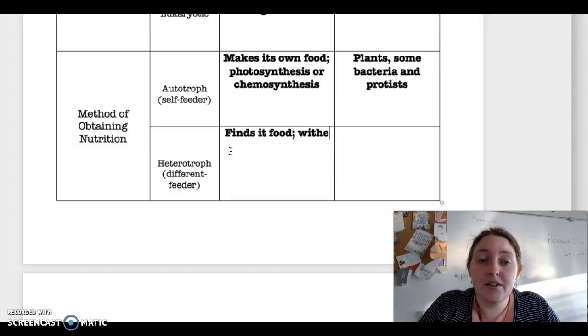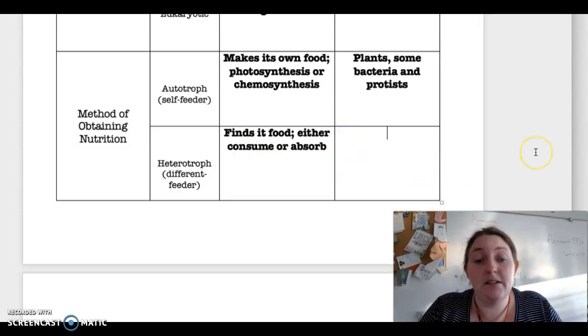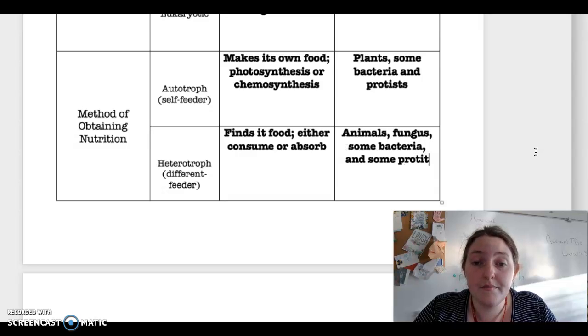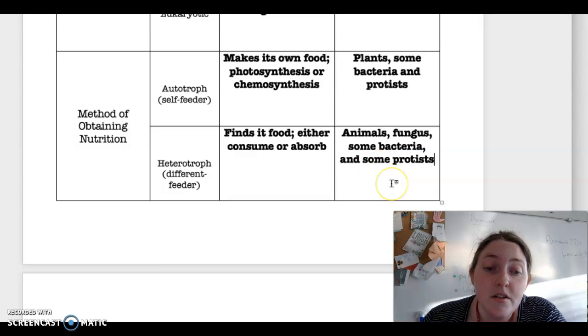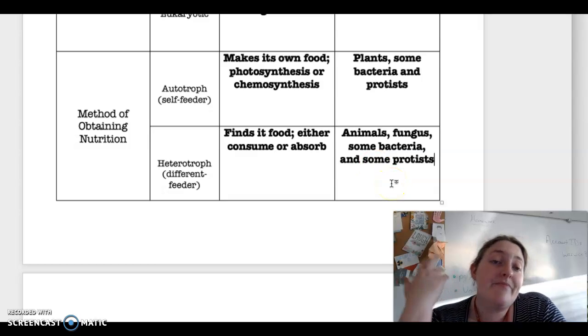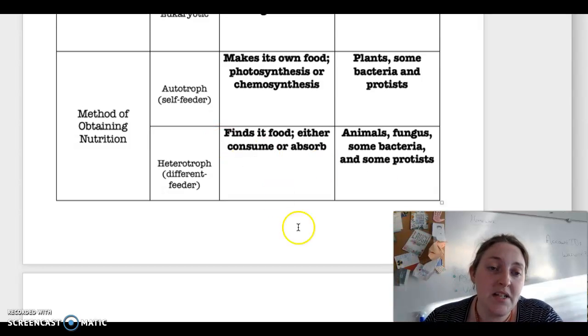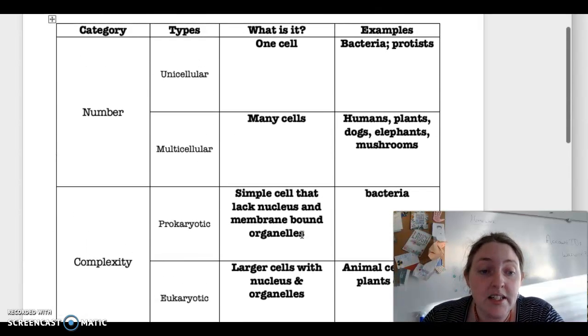It can either consume or absorb. So this can be animals, fungus, some bacteria, and some protists. So that's another way that animals themselves or plants or any other organisms can be classified. Method of obtaining nutrients, complexity, and number.